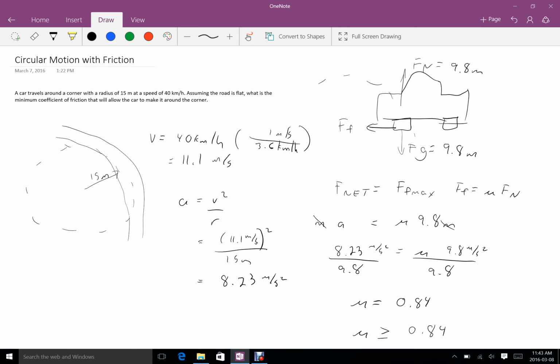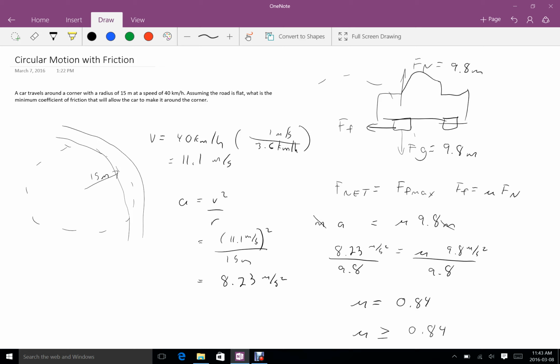So, first we calculated the acceleration using the details regarding the circular motion, keeping in mind that kilometers per hour need to go to meters per second. Using that acceleration, we found an expression for the net force. We recognized that the net force was being created by a force of friction. Since we can come up with a normal force, we can make an expression with the coefficient of friction.